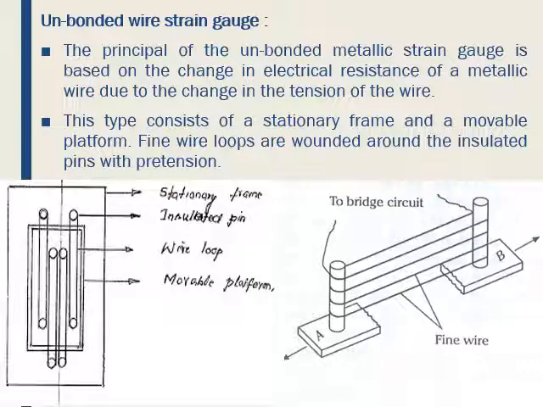The unbonded type is the first type of strain gauges. Unbonded wire type strain gauges: in an unbonded type of strain gauge, the grid is supported, whereas a fine wire is stretched out between two or more points, which may form part of the rigid base, which is strained as shown in the figure.